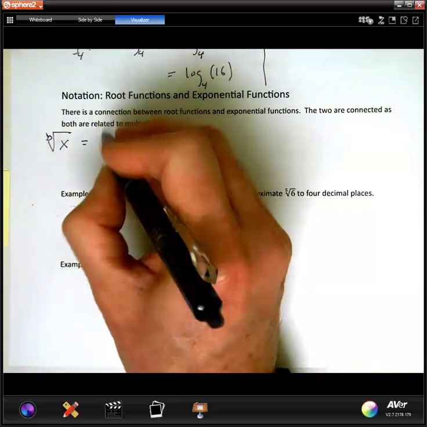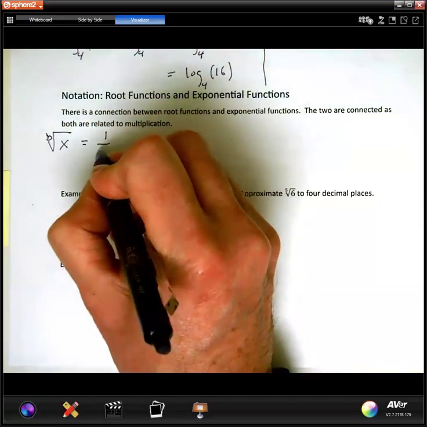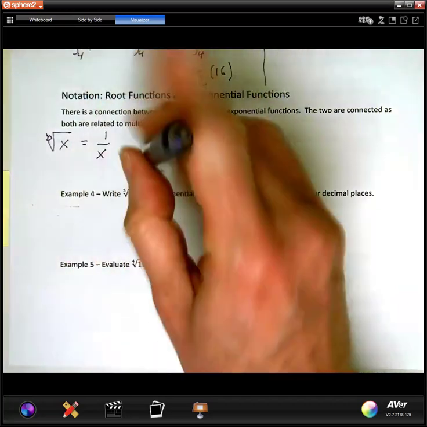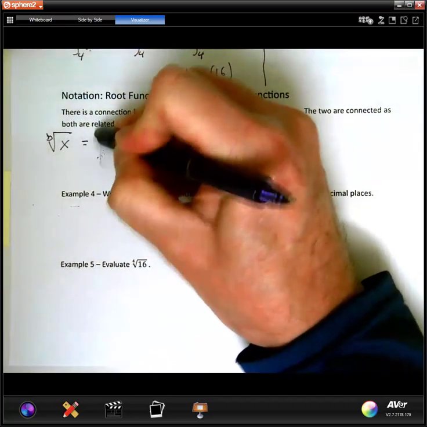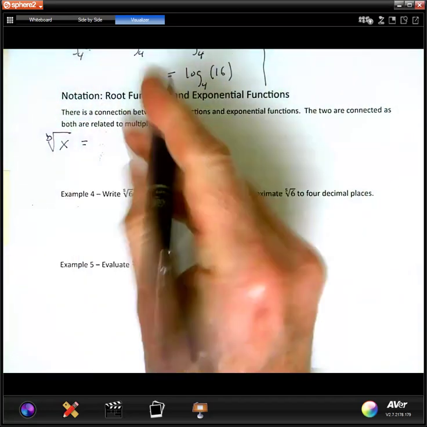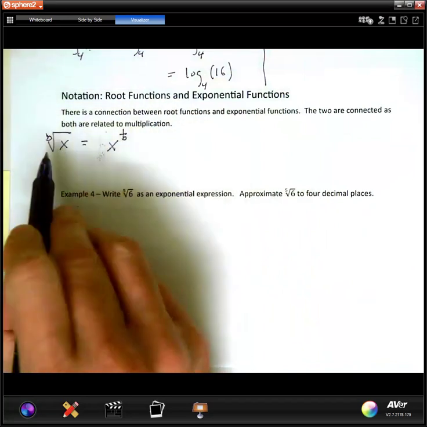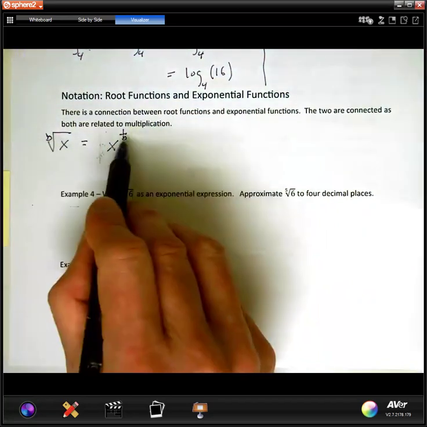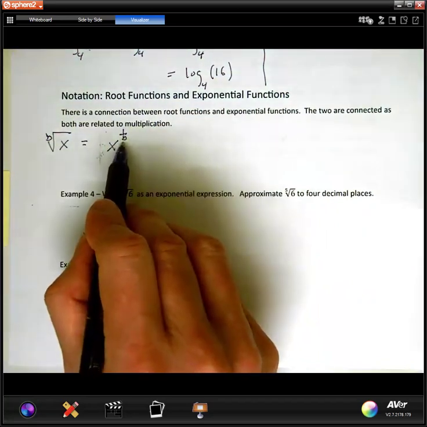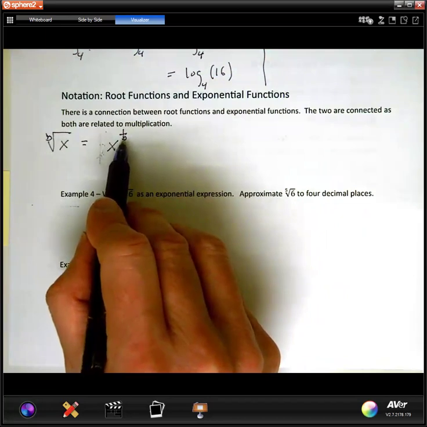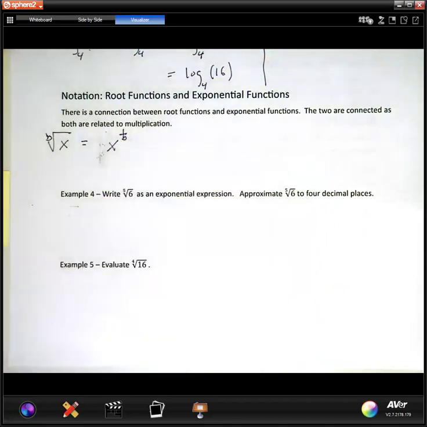That is equivalent as an exponent to x to the 1 over b. So this part is just written as a fraction with the root part as a denominator.